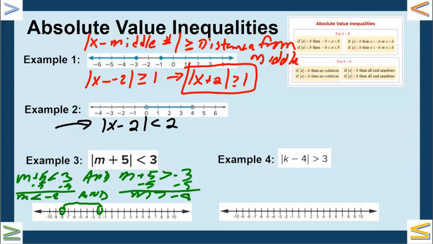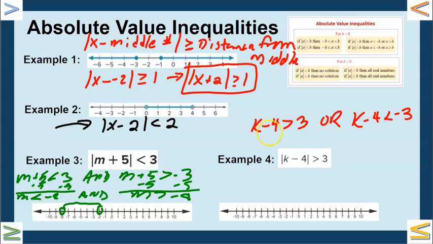In example 4, we're going to do the same thing here. This one is a greater, so greater, think of or, so I'm going to write two inequalities. I'm going to put this up here so I have a little more space. So I have k minus 4 is greater than 3, or k minus 4 is less than, and I use the negative form, negative 3.